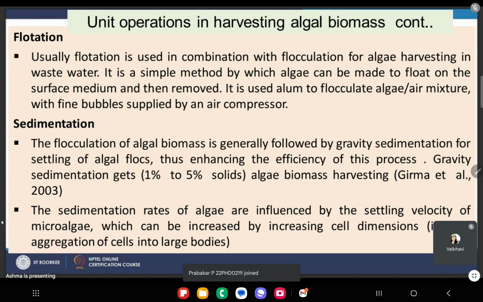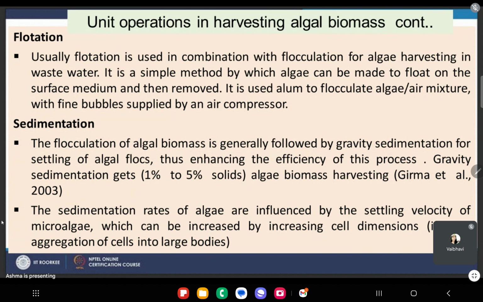Next is sedimentation. In sedimentation, after flocculation, gravity sedimentation is done to settle the large algal flocks which are made in the flocculation step, and then these algae can be removed. In gravity sedimentation, we get 1 to 5% solid algae biomass harvesting.